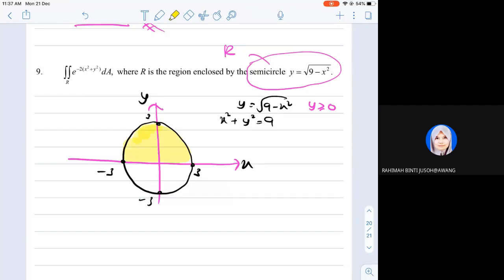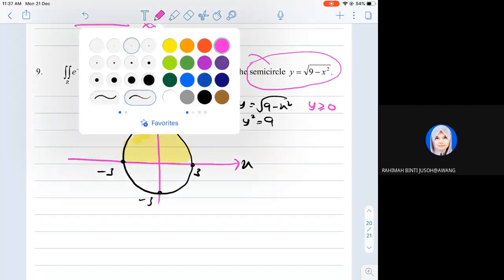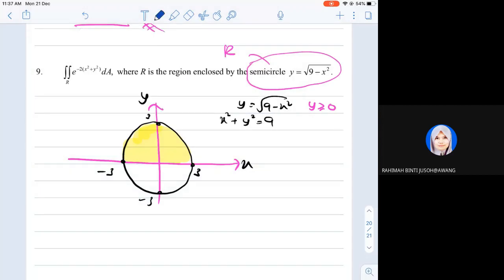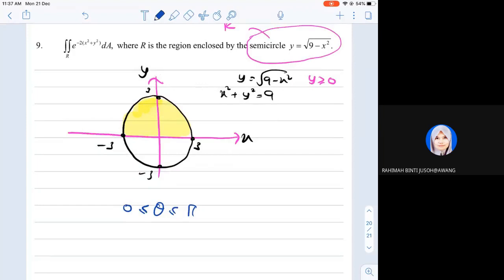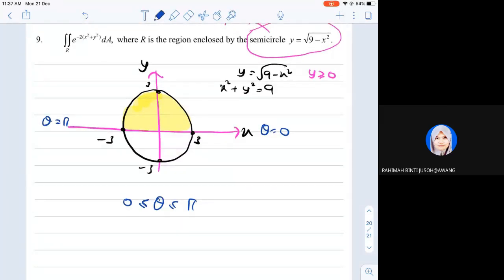Okay, so can you give me the bounded angle? Angle from where to where? 0 to pi. 0 until pi. Okay, well done. I'm happy with that. So angle equals to 0 until angle equals to pi. All right, so let us proceed with the integration.